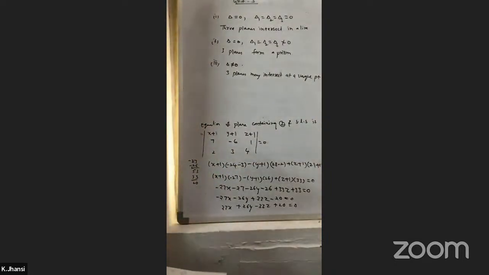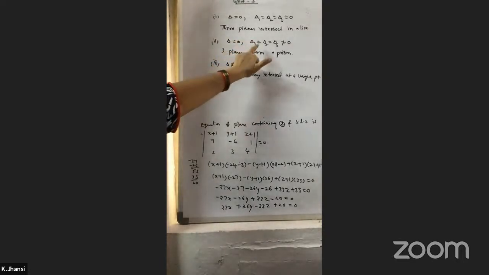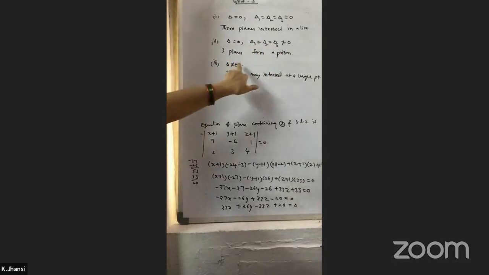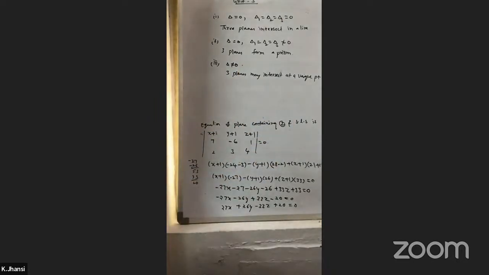Okay, these 3 points are important. First, delta and all the other delta values should be equal to 0, then the 3 planes intersect in a line. Second, if delta is 0 and these 3 values are not equal to 0, it forms a prism. If delta itself is not equal to 0, they intersect at a unique point, at one point they meet. Okay. So on this you have many example problems.